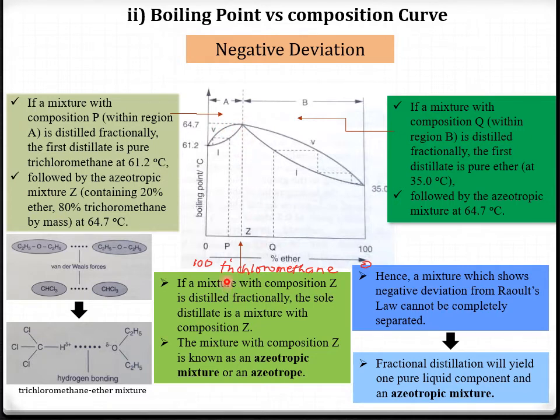If the mixture with composition Z is distilled fractionally, the sole distillate is a mixture with composition Z. The mixture with composition Z is known as an azeotropic mixture or an azeotrope. So a mixture showing negative deviation from Raoult's law cannot be completely separated, and fractional distillation will yield one pure liquid component and an azeotropic mixture.